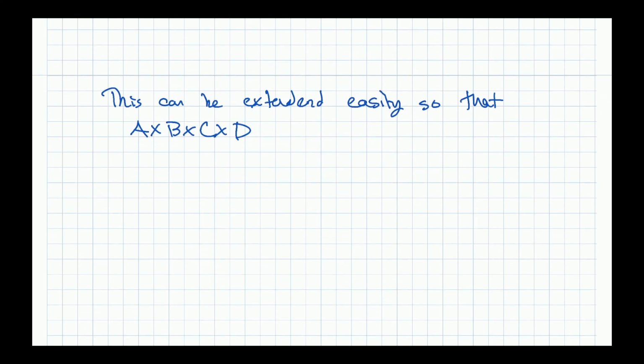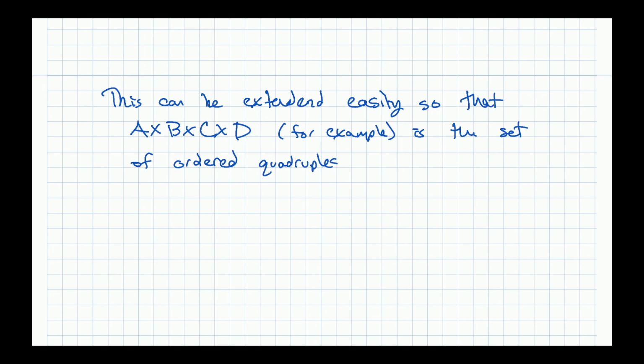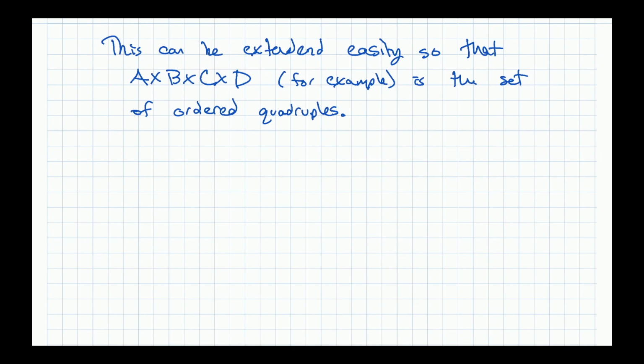Let's go D. A cross B cross C cross D, for example, is the set of ordered, what would you call those? Quadruples? That's probably wrong, but that's what I'm going to write. It probably has some weird name that's not that.